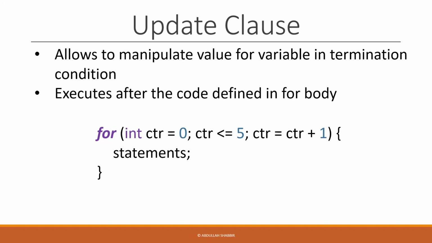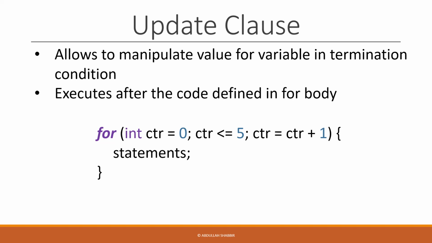This is really important to do, because if you do not update your counter variable, it will always be 0 and your termination condition will always pass, because 0 will be less than 5 and your loop will never end. So make sure you either increment or decrement your variable based on whatever scenario you have.